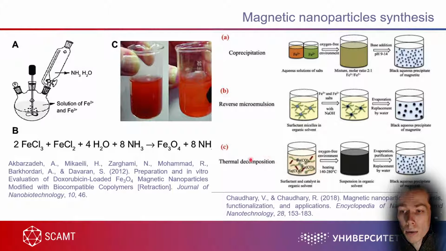You can also use thermal decomposition, and co-precipitation as we used in our laboratory. But among all of these methods, co-precipitation may be the most biocompatible one. You don't need to wash these particles for a very long time to get rid of, for example, surfactants.